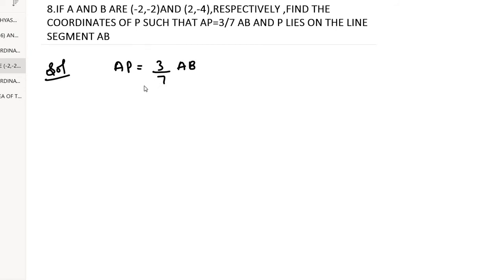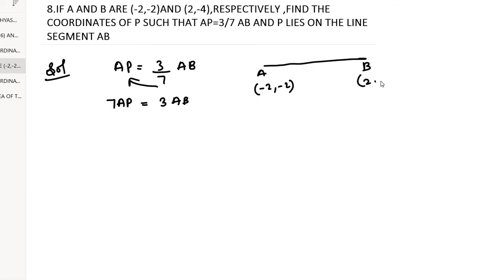I can write this as 7AP is equal to 3AB. This is A and this is B, right? So (minus 2, minus 2) and (2, minus 4). P lies on the line segment AB, so we have to find the coordinates of P.